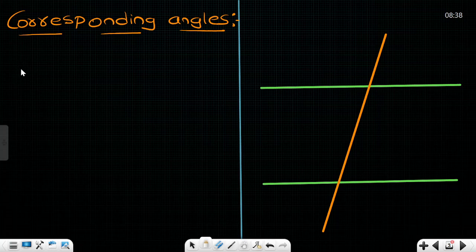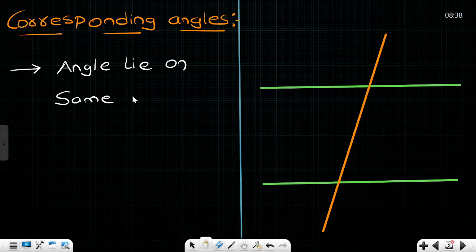Now corresponding angles means one thing you should always remember, Akshita, it is angles lie on same side of transversal. Means transversal will have left side and transversal will have right side.